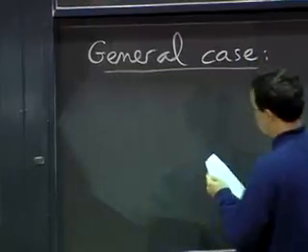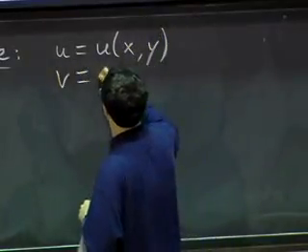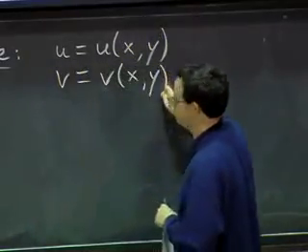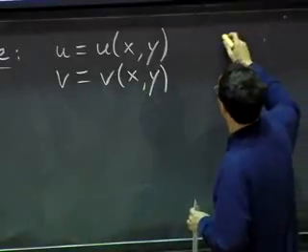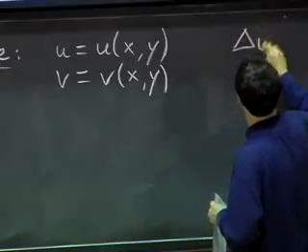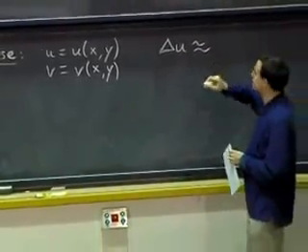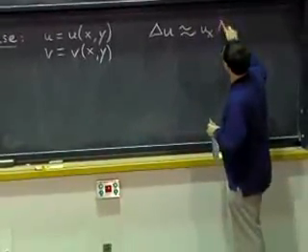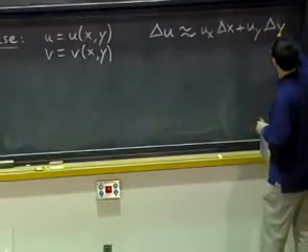So in the general case, that means we'll replace x and y by new coordinates u and v, and u and v will be some functions of x and y. So we'll have an approximation formula which tells us that the change in u, if I change x or y a little bit, will be roughly u sub x times change in x plus u sub y times change in y.